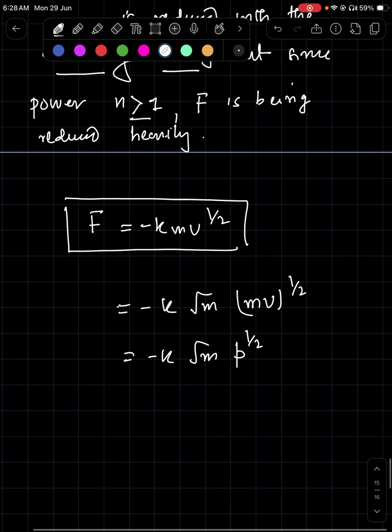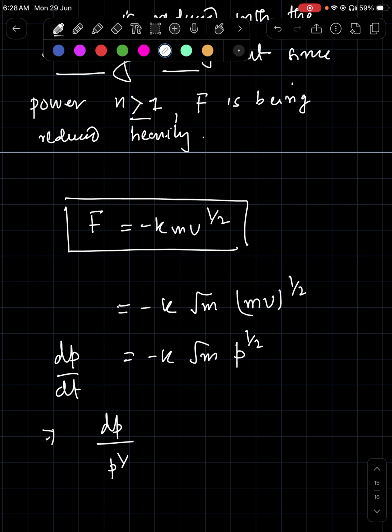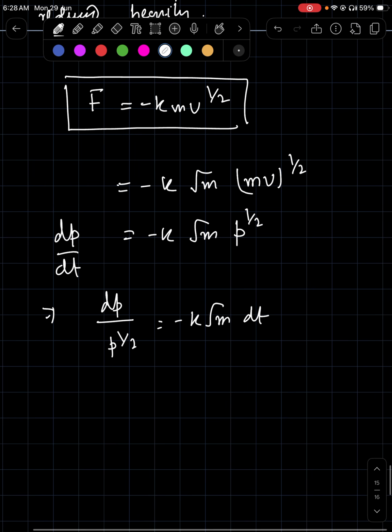P is the momentum. So that is dp by dt. So it becomes dp by p to the power half, right? That is minus k root m dt. So integration will give me 2 p to the power half. Just I have skipped one step, minus k root m t plus c.